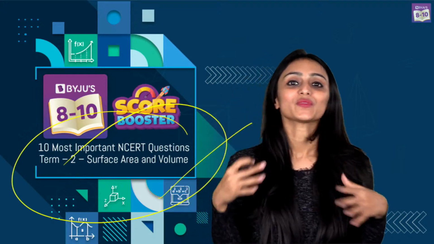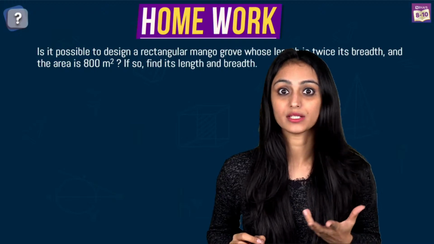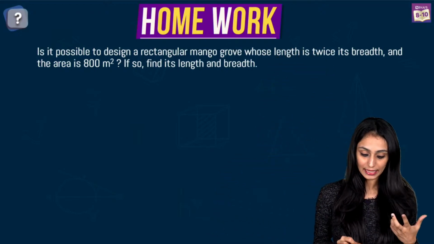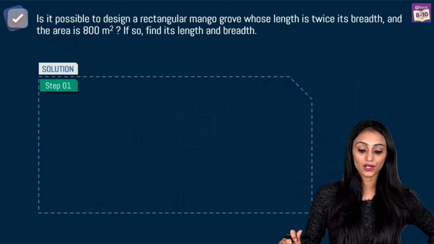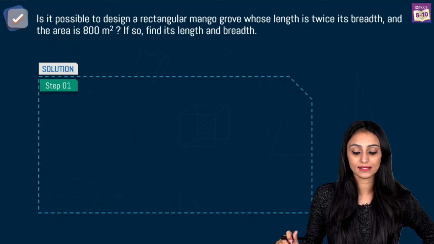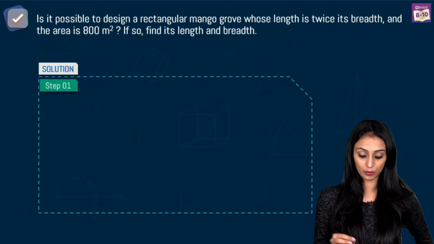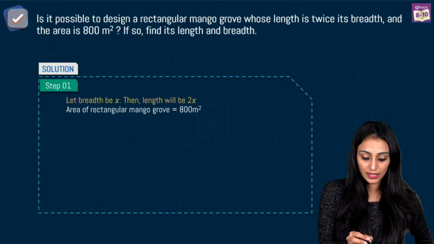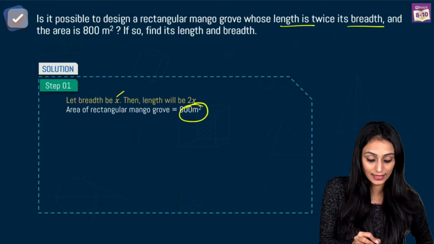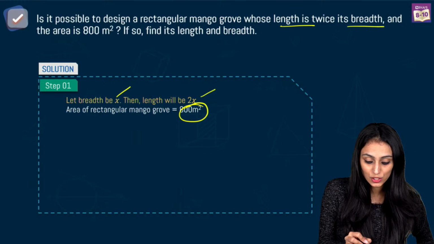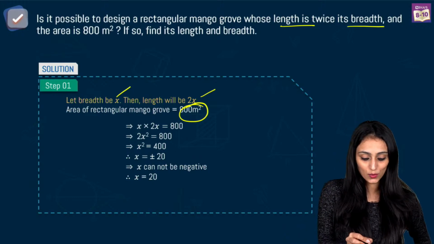For the ones who just want to cross check what the homework question answer is and what is the proper way of writing, let's take a quick look at this. Is it possible to design a rectangular mangrove whose length is twice its breadth and the area is 800 meters square? If so, find its length and breadth. We already have its area, 800 meters square. The question says length is twice the breadth. Let's say breadth is x, so length is going to be 2x. So simply, x times 2x equals 800.